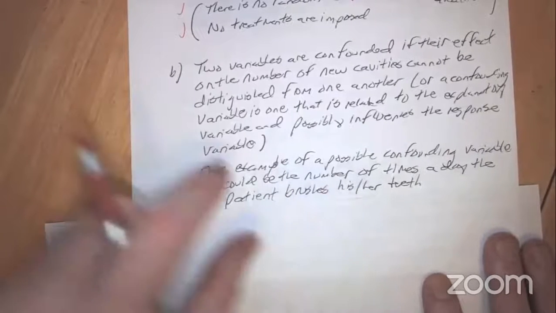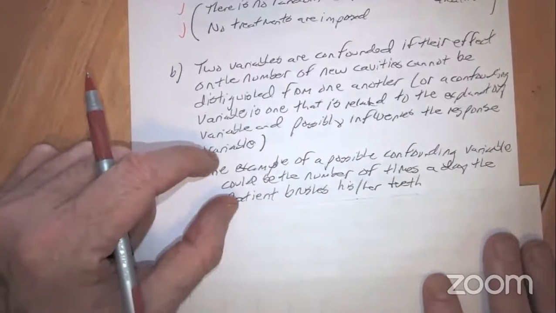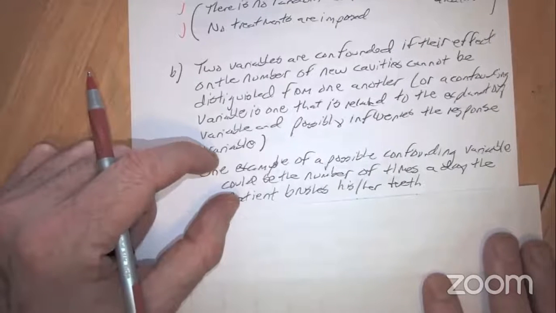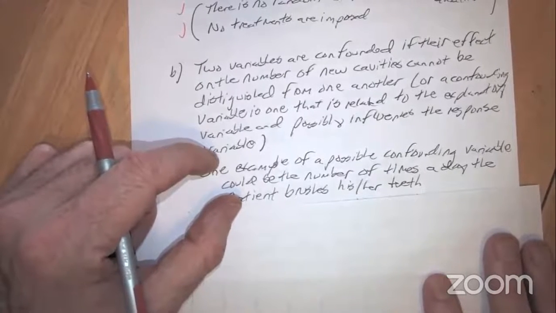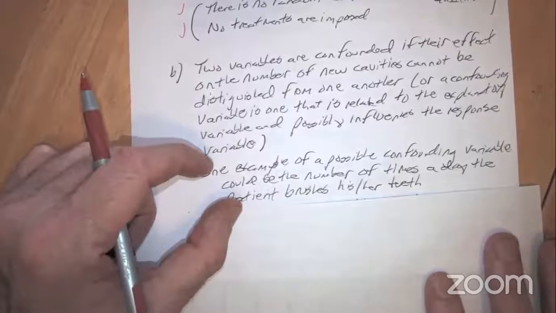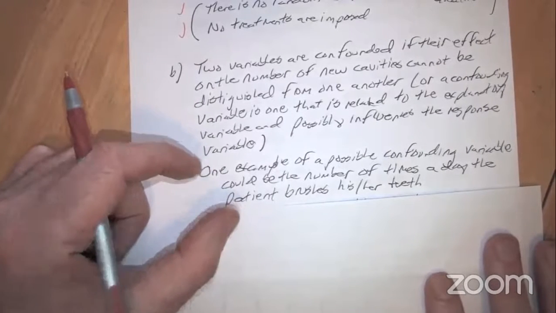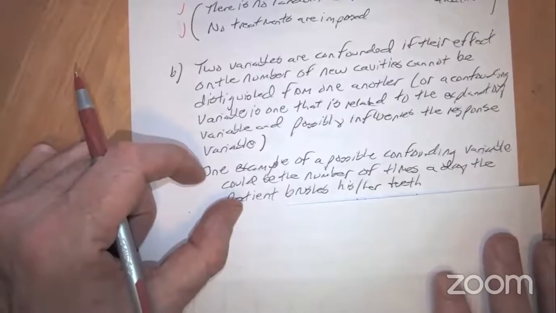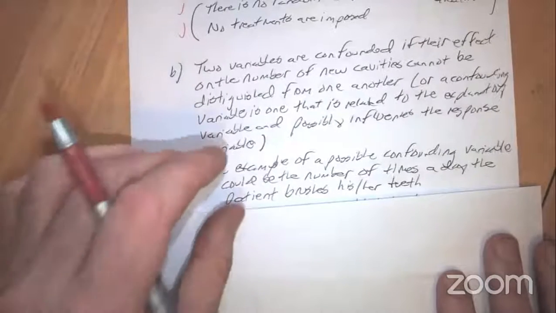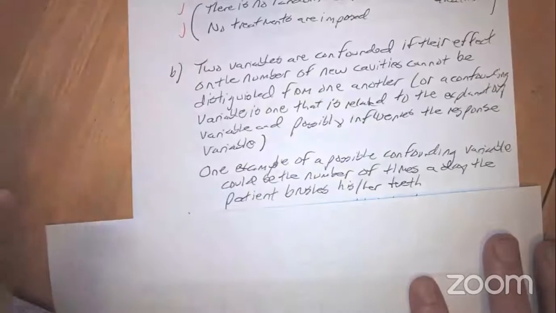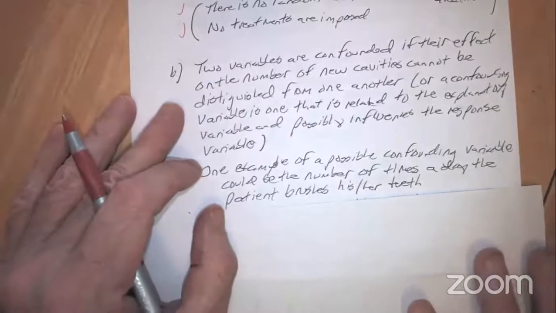And again, there's probably hundreds of different examples that could work here. And the readers are well trained before we actually read a paper. So if you have a different potential confounding variable here than mine, don't worry about it. There's probably hundreds of different potential confounding variables, all of which could get you full credit.